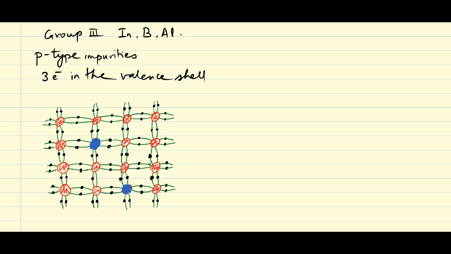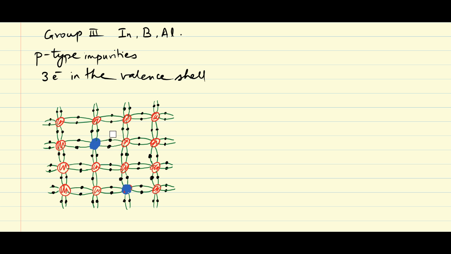And like before, I have assumed for simplicity that none of the valence band electrons has gone into the conduction band. In other words, in the diagram shown, there are no free electrons and no holes. This is of course just to understand how exactly a p-type impurity works.